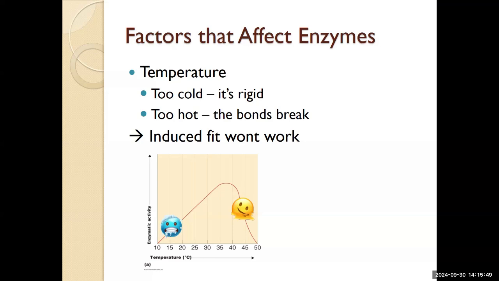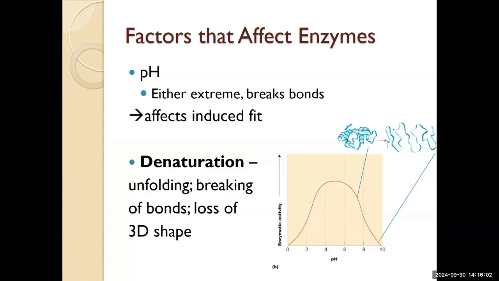Too hot, and the enzyme's own bonds break, causing the enzyme to unravel, and then it cannot bond and hold fast to the substrates. pH can also affect the environment the enzyme works in. Either extreme, whether too acidic or too alkaline, will break bonds, also affecting the induced fit. This bond breakage leads to the loss of the three-dimensional shape. We refer to this as denaturation.